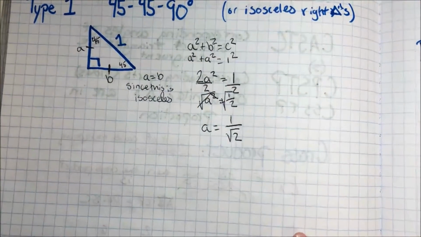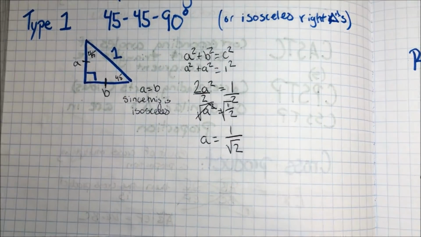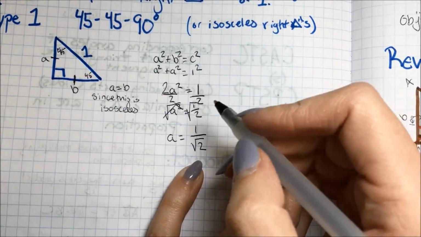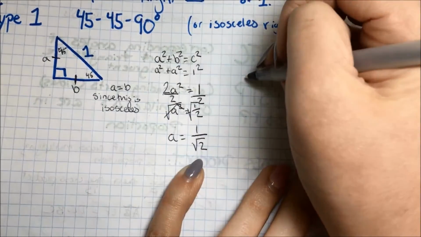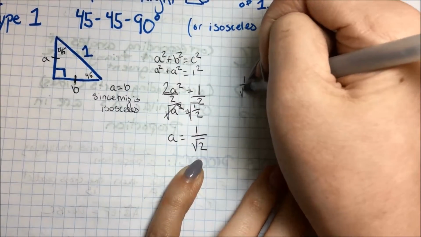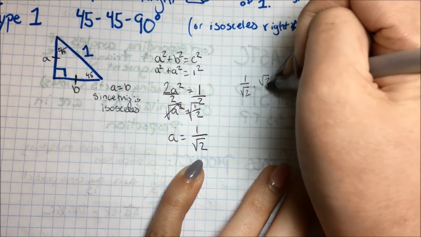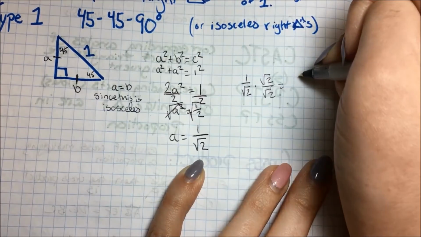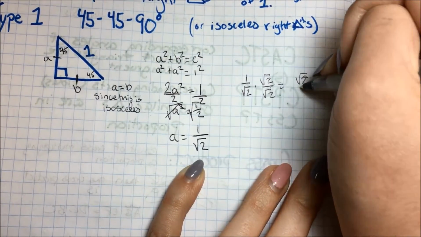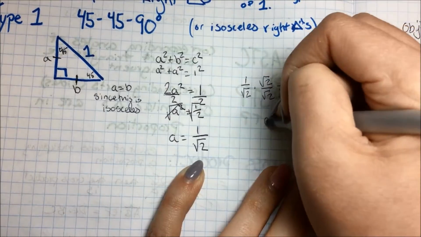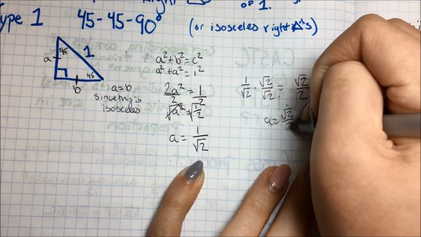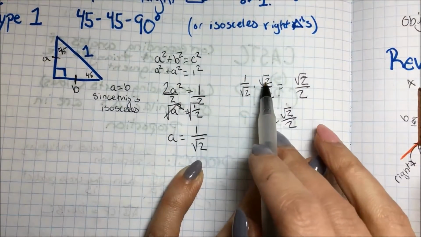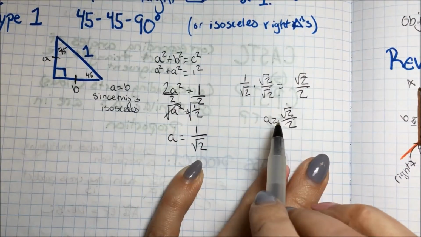Now this is a problem. There's a radical in the denominator. So what I'm going to do is rationalize it. Radical 2 times radical 2 over radical 2 is radical 2 over 2. So A equals radical 2 over 2. Now keep in mind I just multiplied this by 1, so these two numbers are still the same.